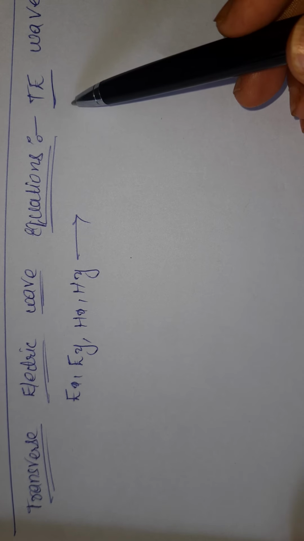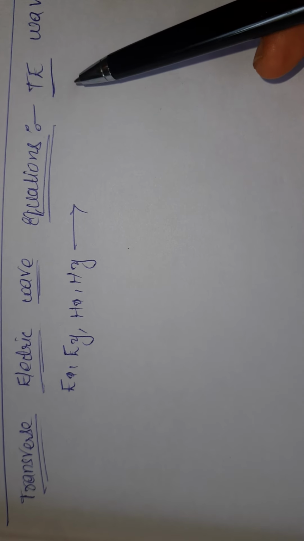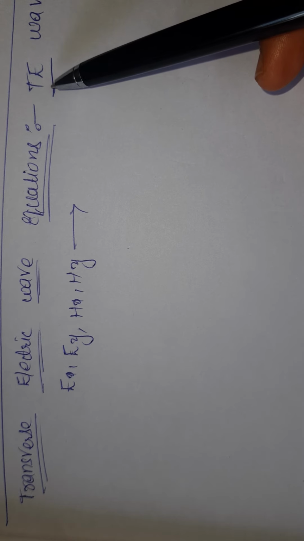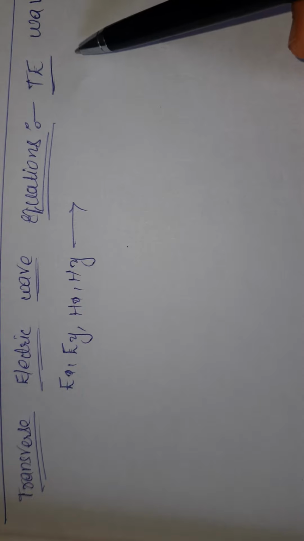As I already discussed about transverse electric waves and transverse magnetic waves, for transverse electric waves you have to substitute Ez equal to 0.